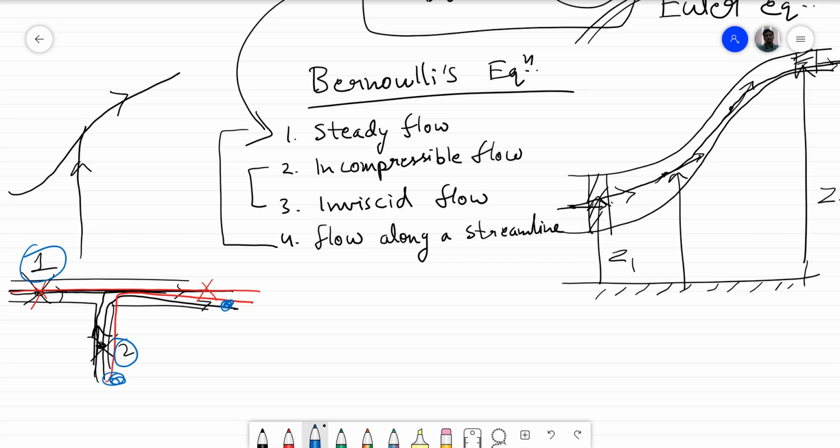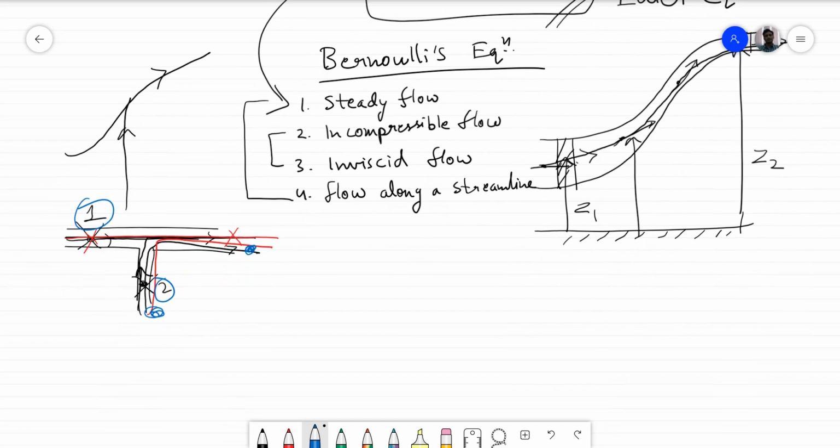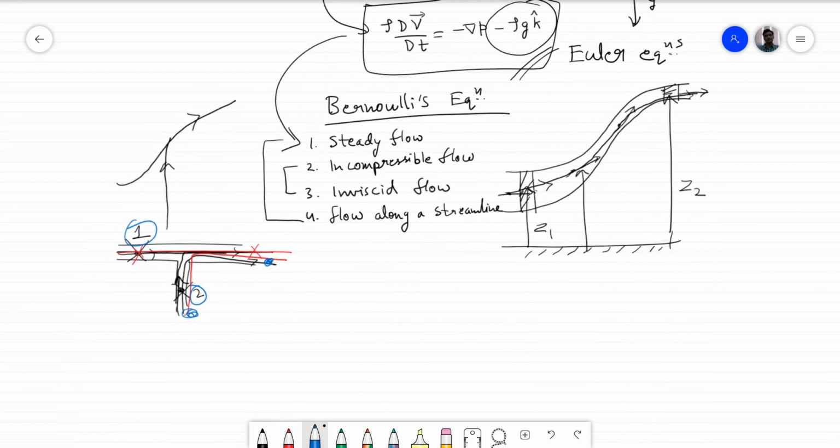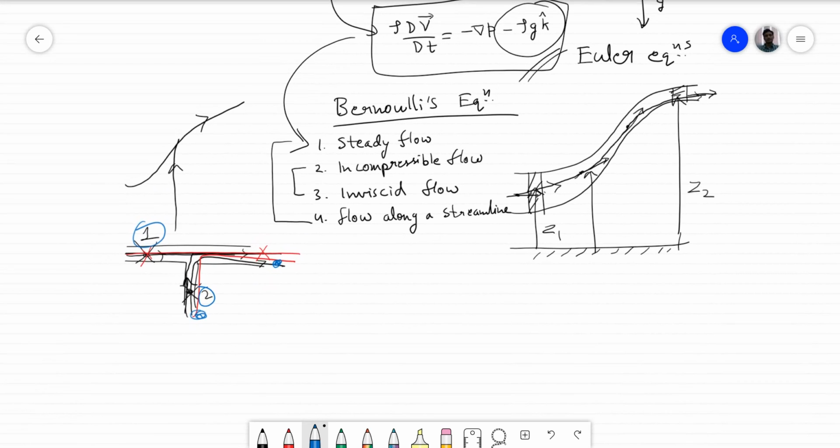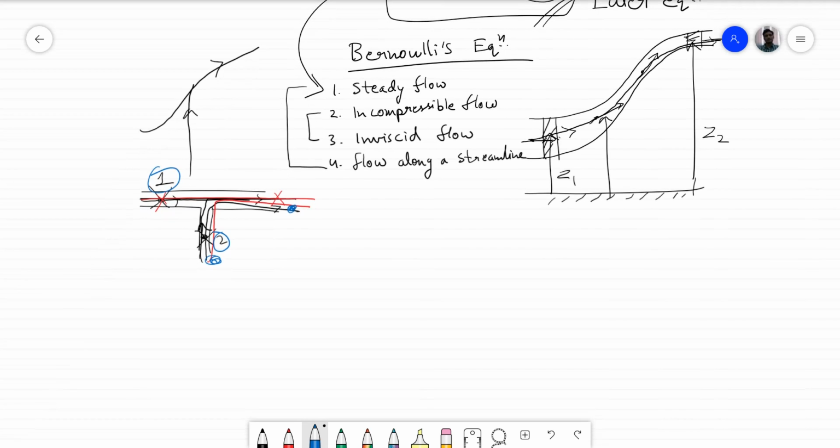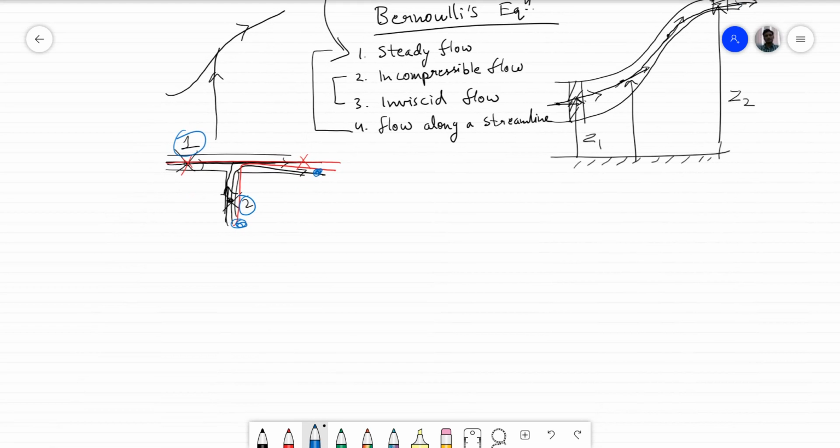Okay, so how do we derive Bernoulli's equation? Let us see. First of all, this is a steady flow, so there is no time term here. Let us drop the time term from these equations. We get, let me write it in Cartesian coordinates or rectangular coordinates.